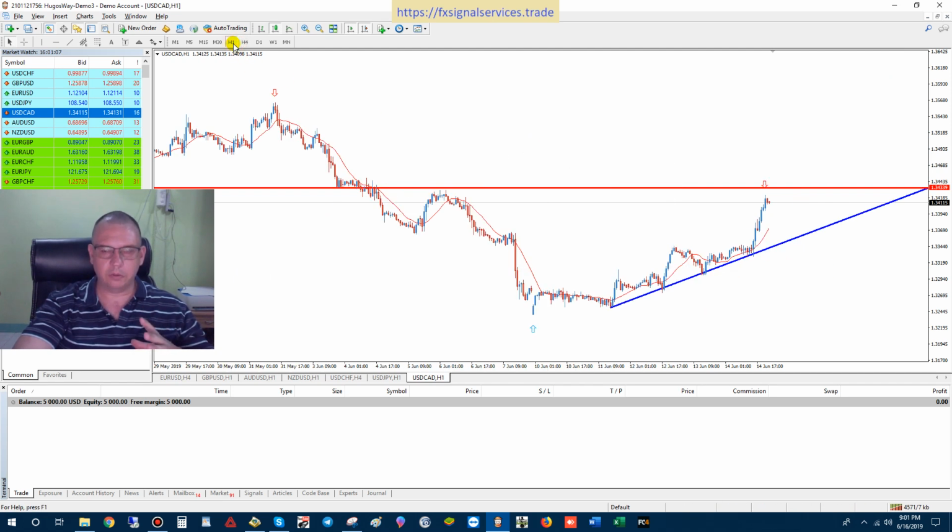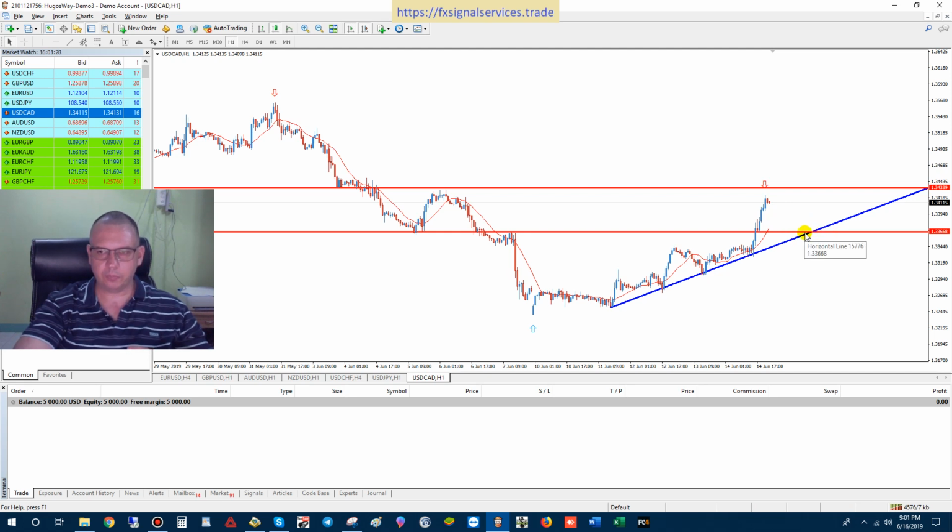Either way, in the first part of the week, I would place a buy limit pennant order somewhere around this tick mark. If I draw a line right about here, the price is going to drop somewhere in here. It's going to hover for a while and drop and touch this trend line somewhere in here.